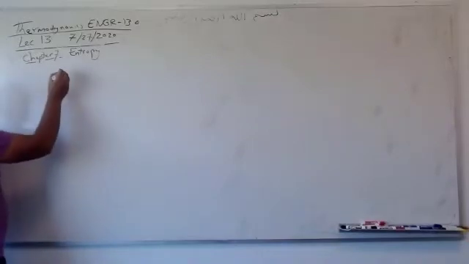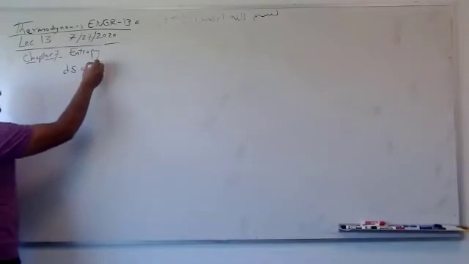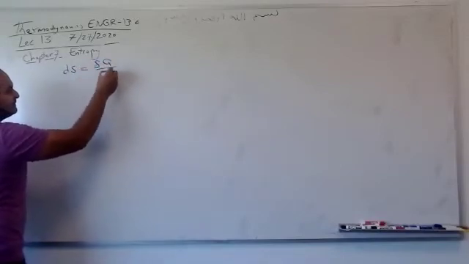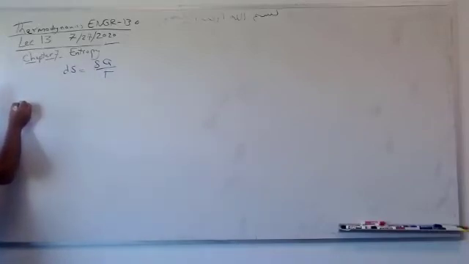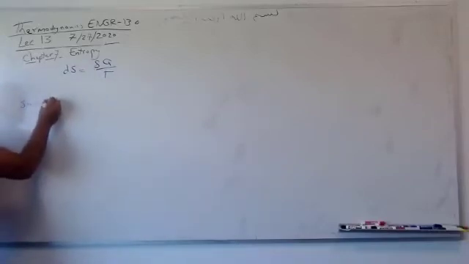We gave a very simple definition that delta S, like dS, equals delta Q over T. The same way we define, for example, work, delta work was PdV.